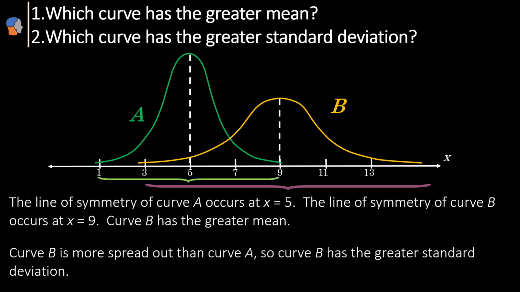Yes, according to the concept I explained, curve B is more spread out than curve A. So, curve B has the greater standard deviation. In my next video, I am going to discuss the 68, 95, 99.7 rule, or we can say empirical rule.